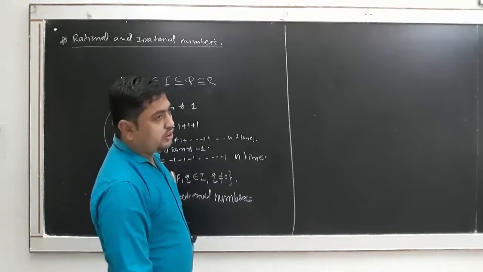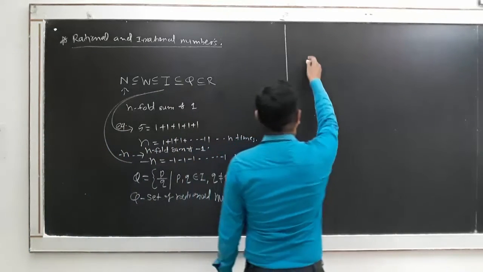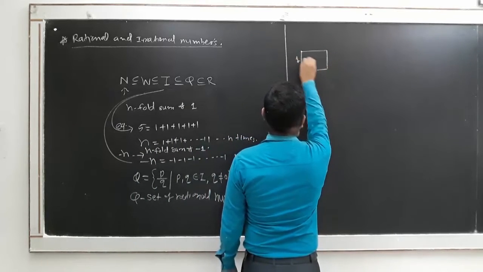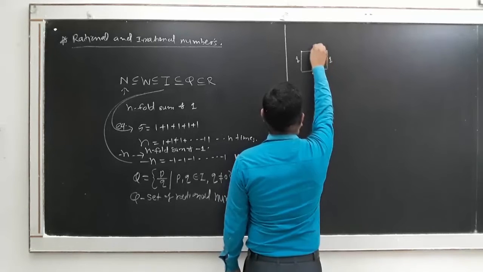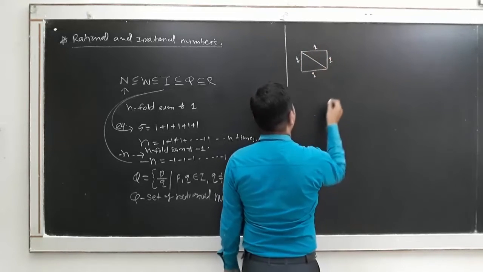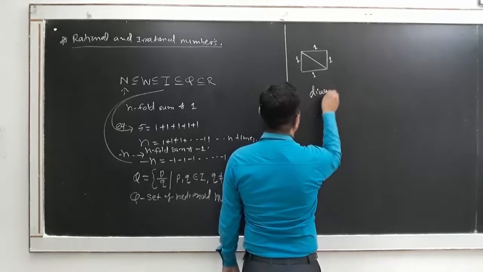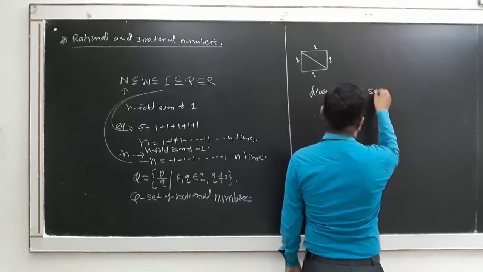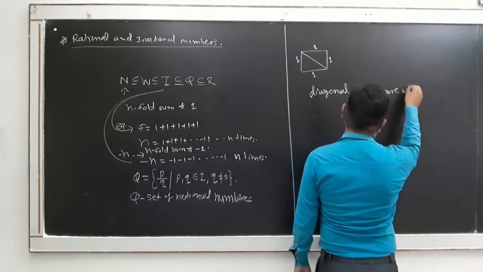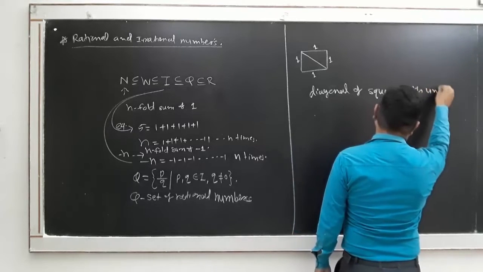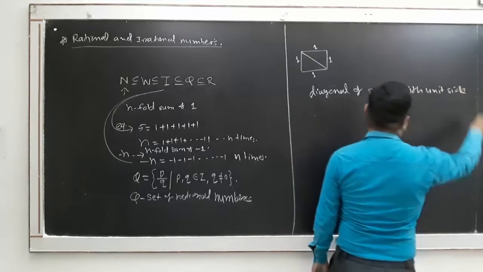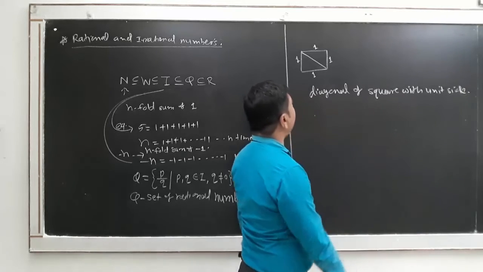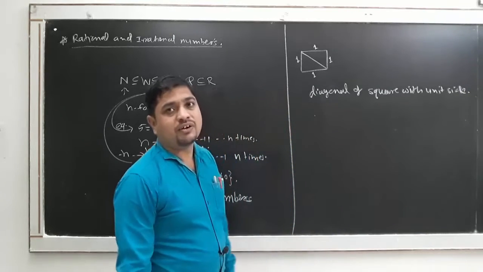After this, if you take any square with side 1, and you try to find the diagonal of the square with unit sides, how do we find this? By using the Pythagoras theorem.